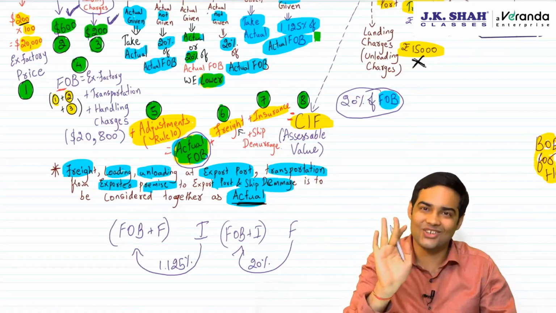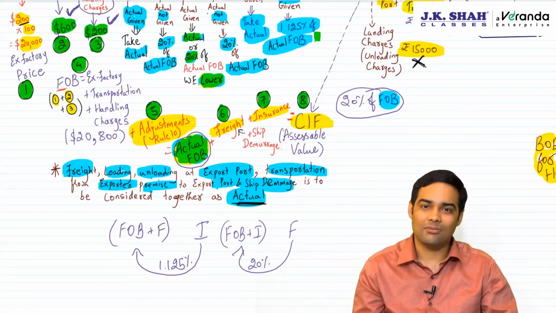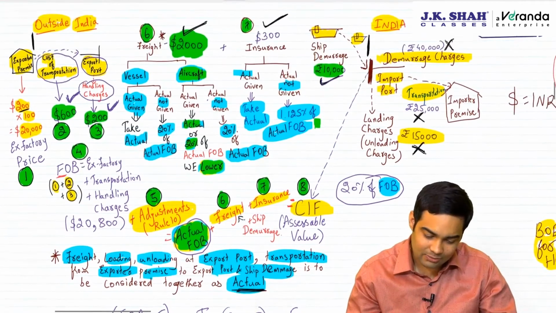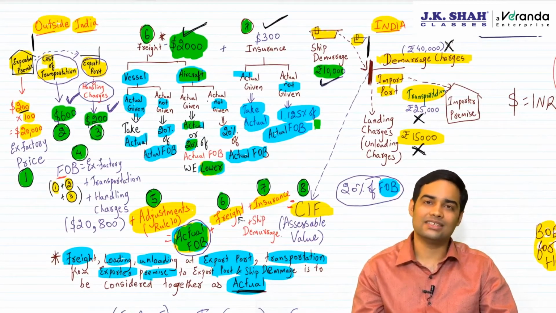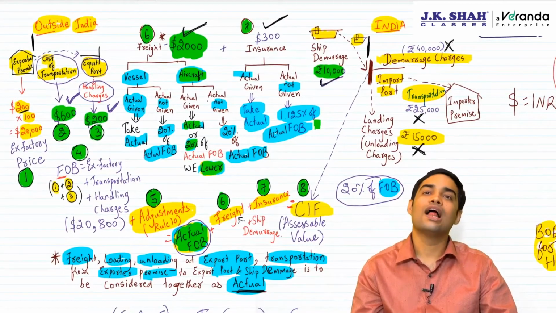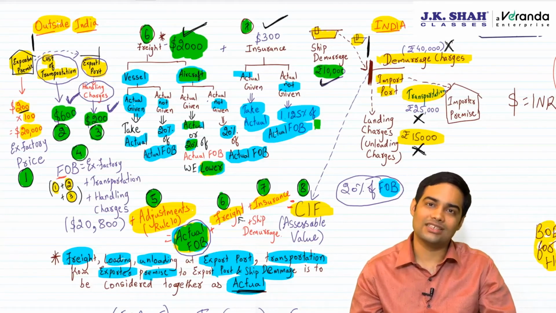The law says no. If breakup is not available, then apply it on the total amount. And remember, any exportation cost after import port will not be considered as part of CIF. Cost, insurance, freight will be considered as assessable value.